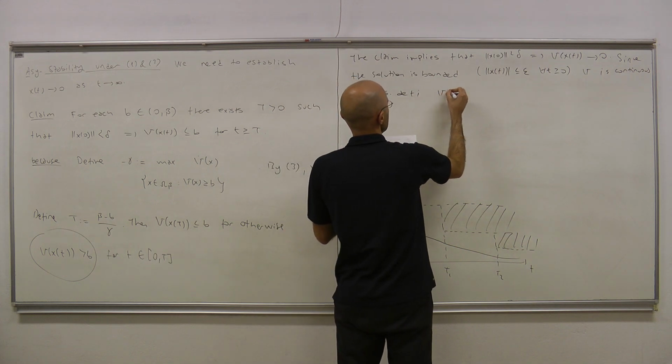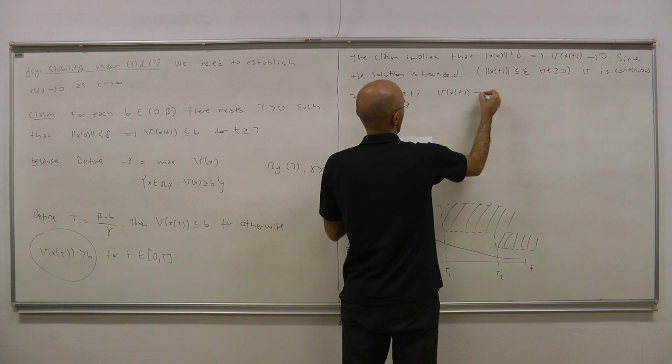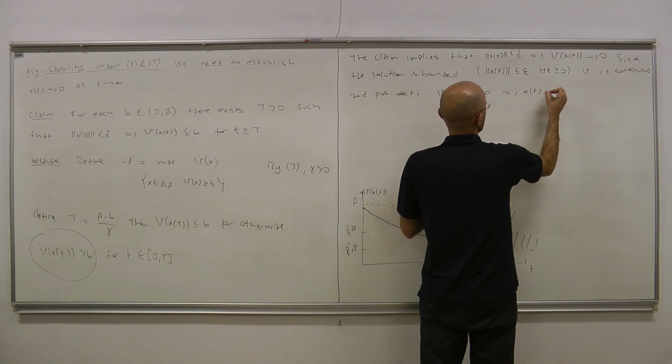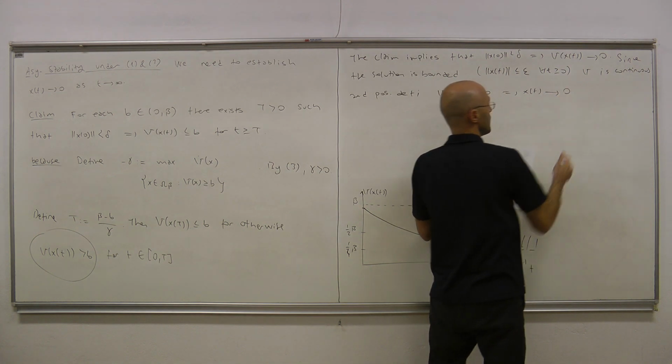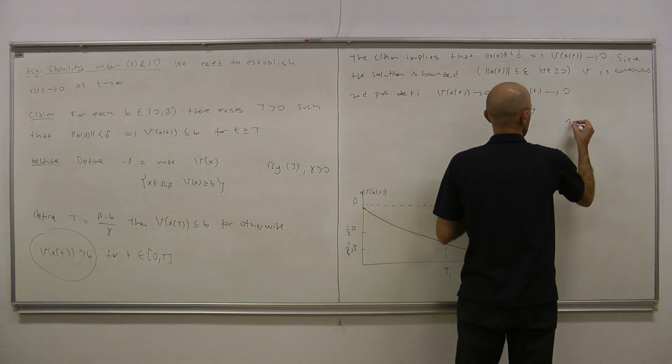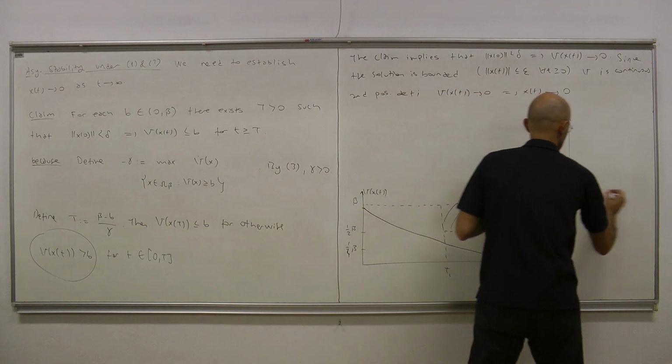We have to have v of x of t converging to 0 implies x of t converging to 0. So the situation is something like this.